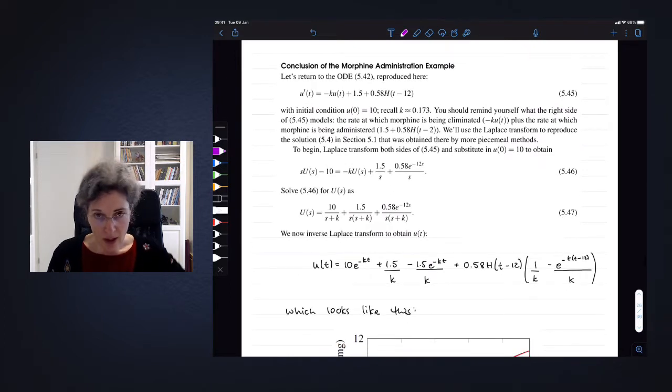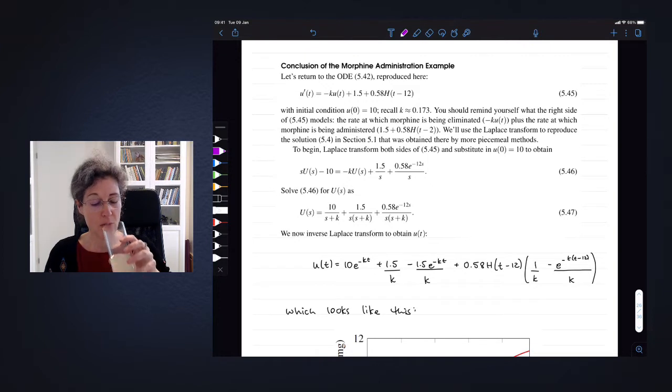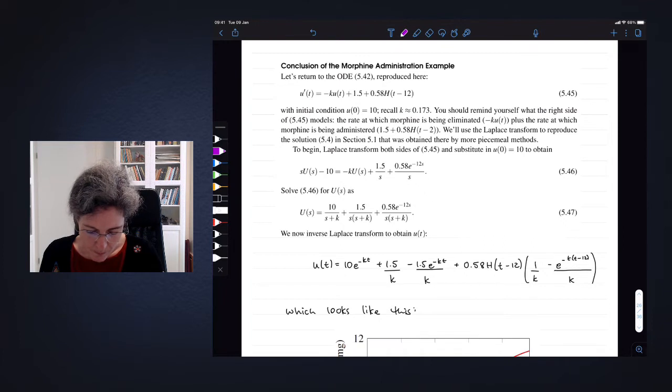So we can add that to our list of Laplace transforms. Okay, so now we can actually go straight ahead and calculate our morphine administration example. Just so that you've got it again, this is the ODE that we're solving.